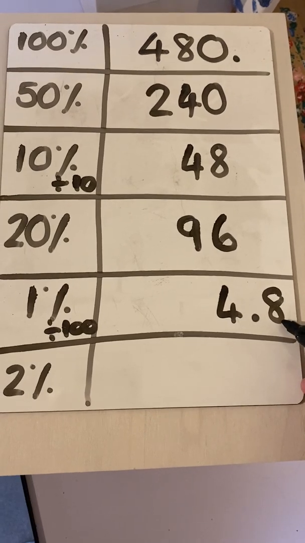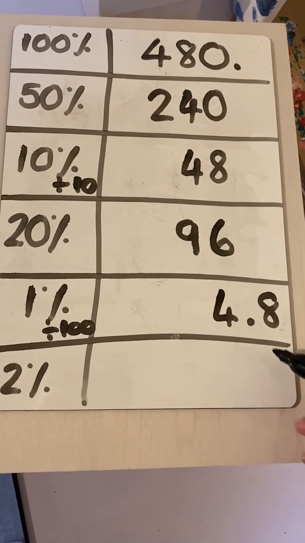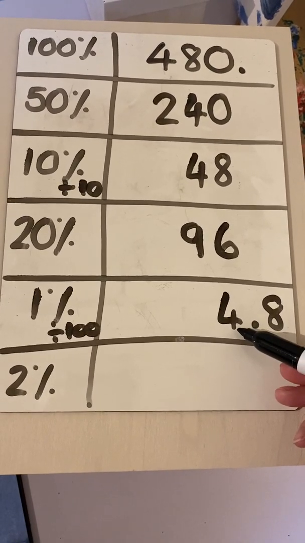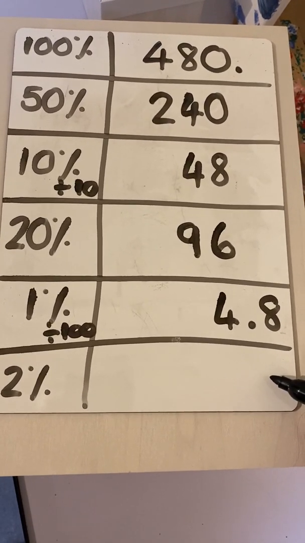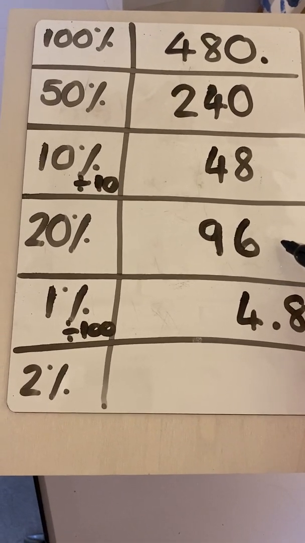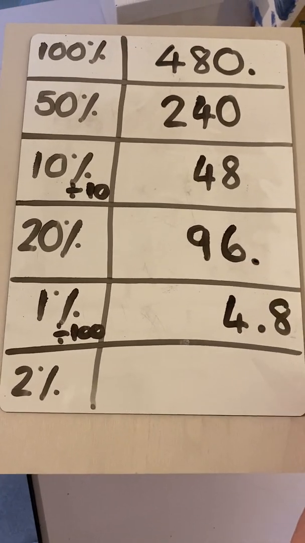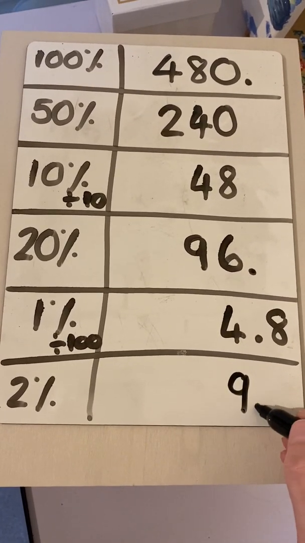So options, I can either double my 0.8, which would be 1.6, double my 4, which would be 8, and then add my 1.6, which would give me 9.6, or I can look at my 20% and I can divide it by 10. So I can move my numbers to the right once to give me 9.6.